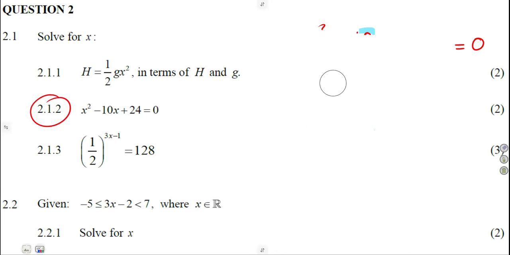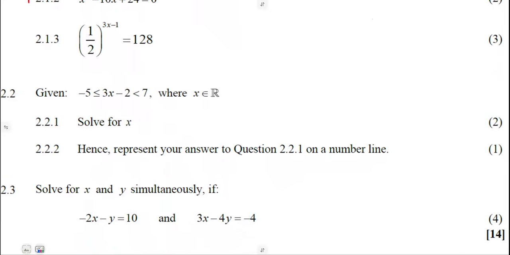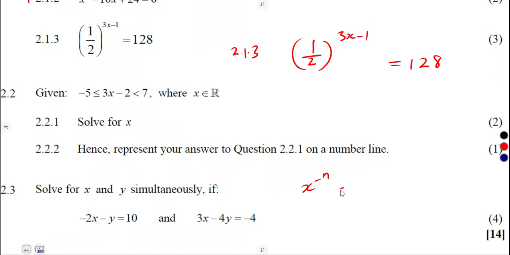So let us consider another one, an exponential equation on 2.13. We are given an exponential equation: 1 over 2 to the exponent of 3x minus 1 is equal to 128. Remember, x to the exponent of negative n is 1 over x to the exponent of n.